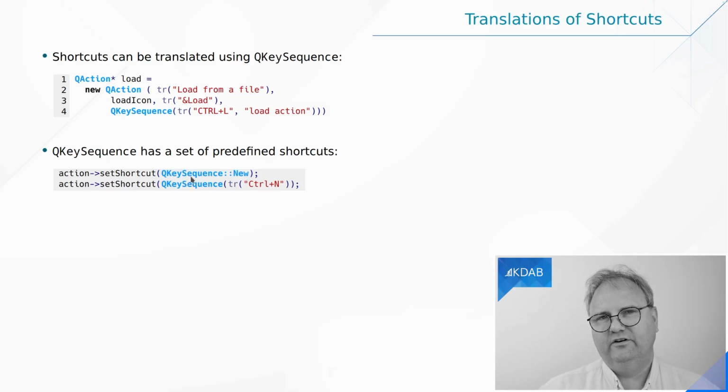So for that purpose, Qt has inside of this QKeySequence a number of standard shortcuts that then will be bound from the system. You as a developer cannot change it. You can go to your desktop, at least in Linux, and change it. But you as a developer and you as a user cannot change it within this one application.